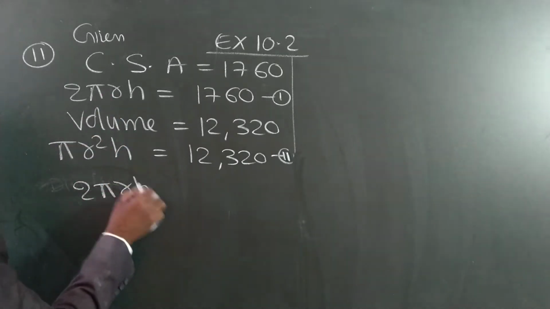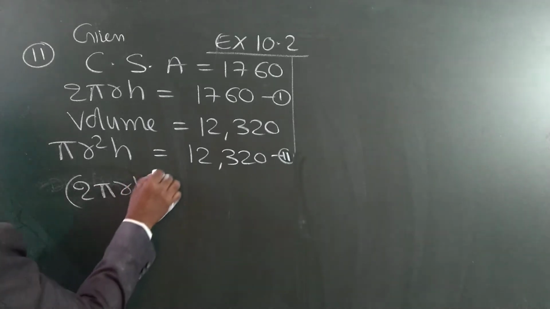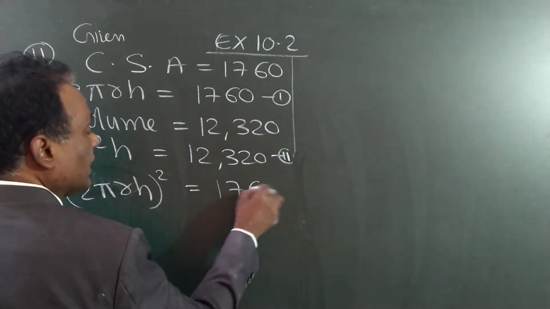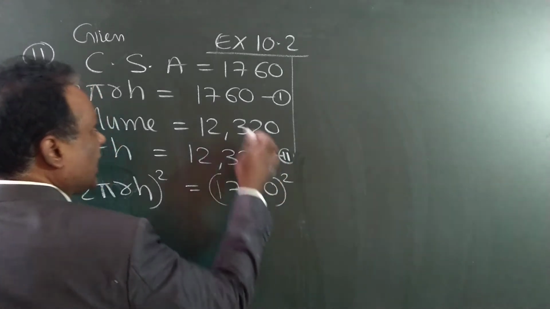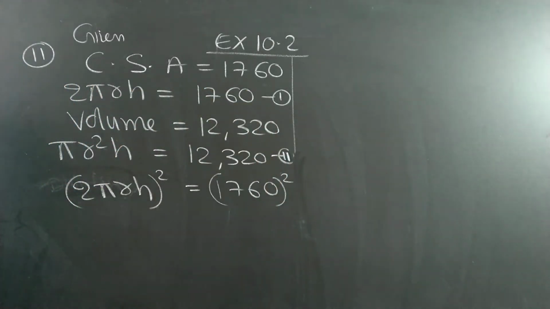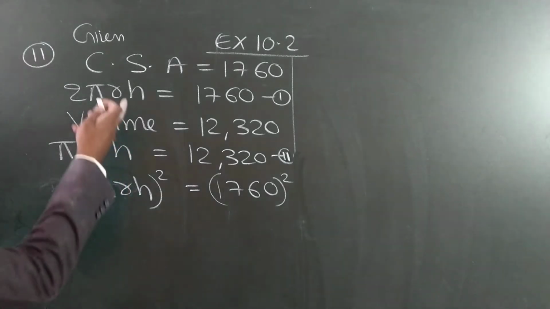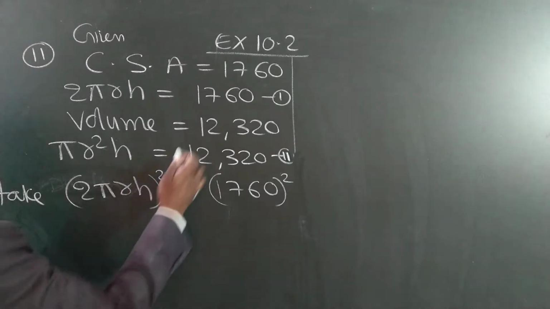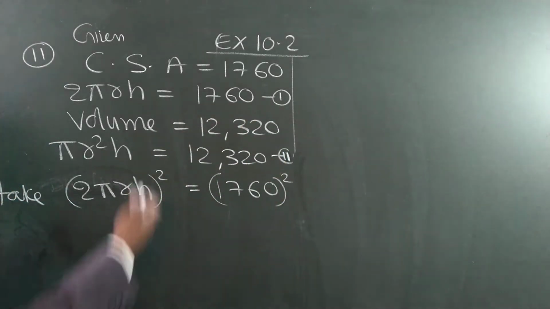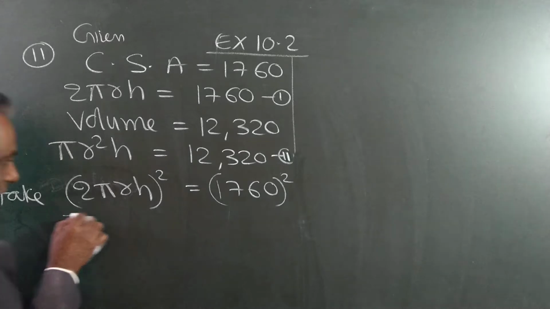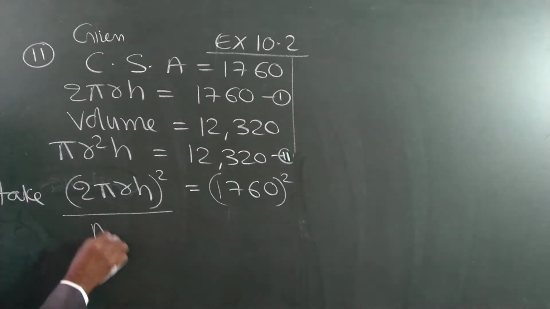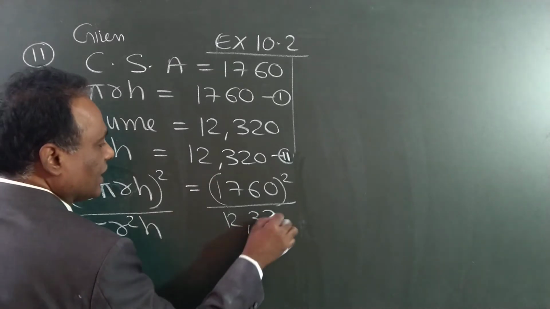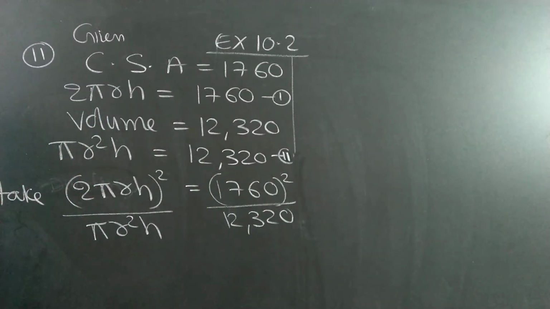I am squaring the first equation: 2 pi RH whole square is equal to 1760 whole square. Divide this square by the second equation, pi r square h, which is 12,320. That's all. We will get the h value.